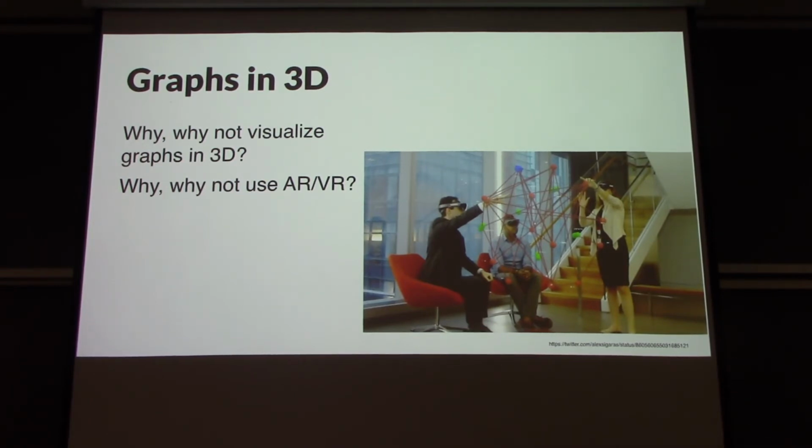Or if I wear Google Glass, some information would be projected into my field of view, while I can still interact with you guys and still see everybody here. In VR, I have a completely immersive experience. I essentially move into a virtual environment. So in augmented reality, I always have background information. In virtual reality, I'm completely immersed.